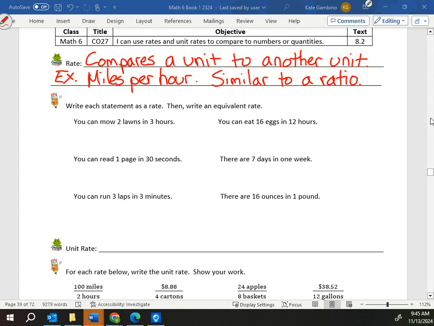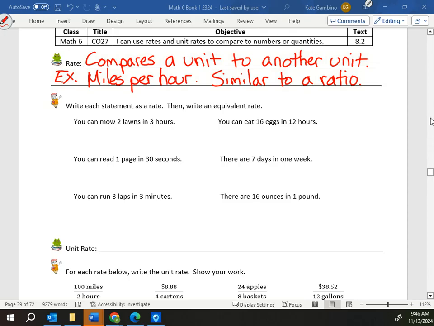So we're going to write each statement as a rate, and then we're going to write an equivalent rate. Now when I do rates, I choose the ratio that is the fraction. Doesn't always have to look that way, but most typically when you see a rate, you'll see it as a fraction.